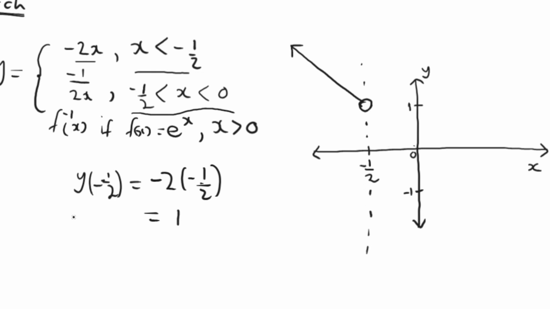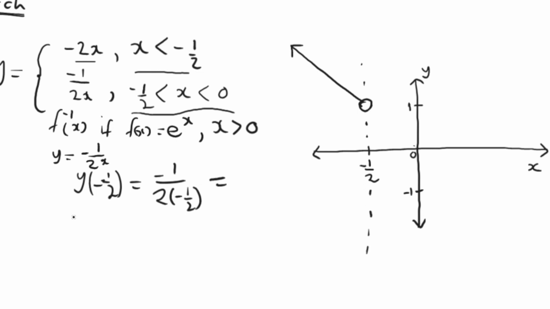So you just put x as minus 1 over 2 on that function now. If y equals minus 1 over 2x, then x at minus 1 over 2 will be nothing but minus 1 over 2 into minus 1 over 2. The answer here will be a positive.